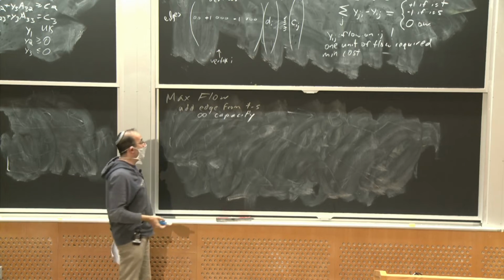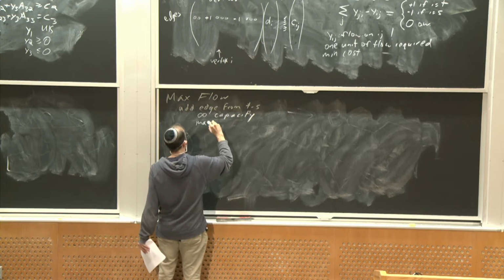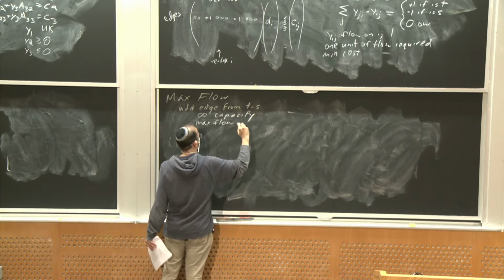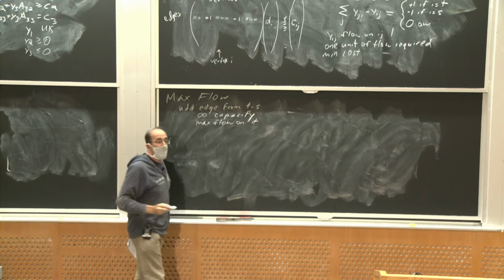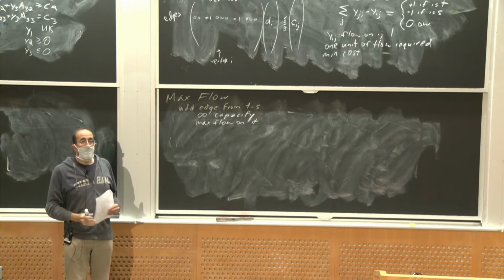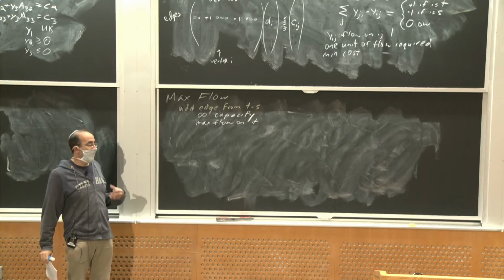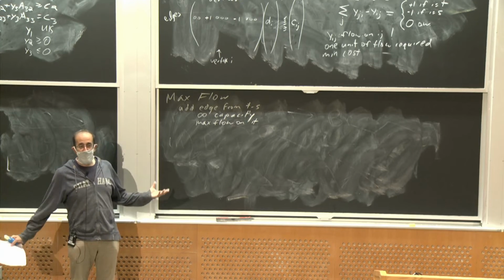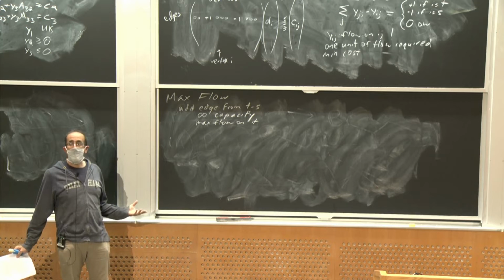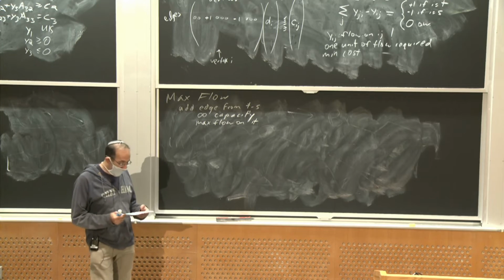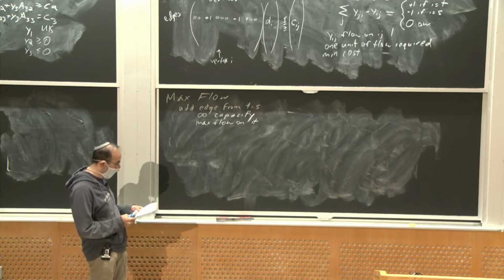And I'm simply going to ask to maximize the flow on it. Okay? So a circulation that maximizes the flow from T to S is just an ST max flow, right? But it'll just make the LP a little bit more elegant. Okay?